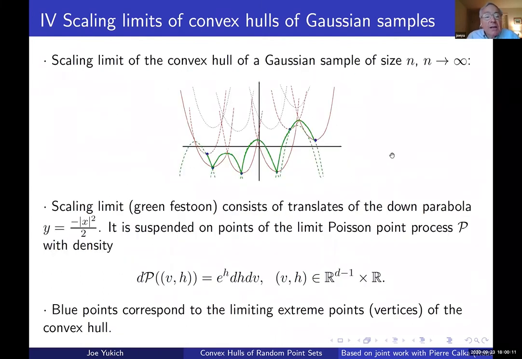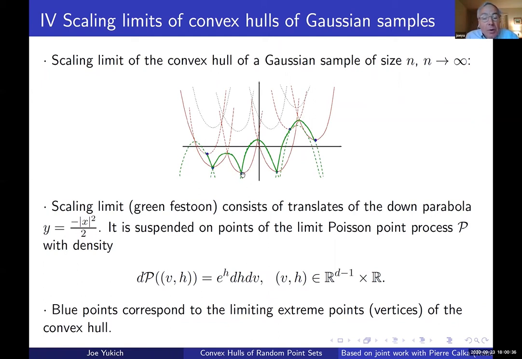So here's the scaling limit of the convex hull of a Gaussian sample. Again, the green festoon of inverted parabolas consists of translates of this down parabola, and it's suspended on points of a limit Poisson point process having this intensity density.